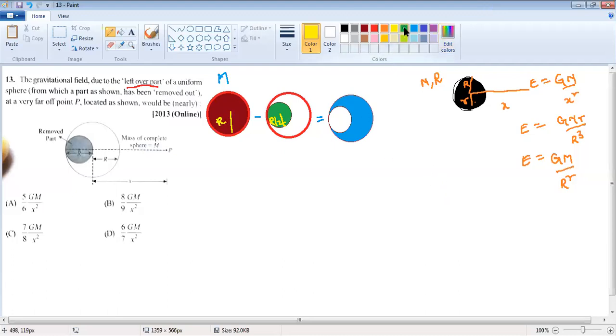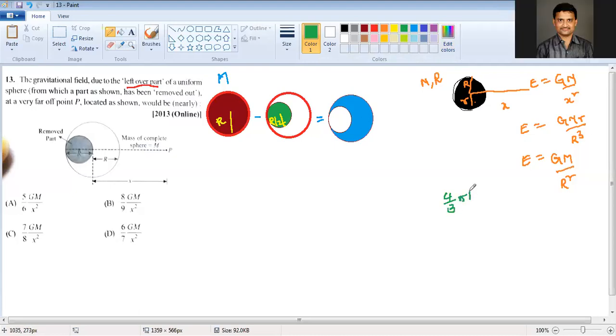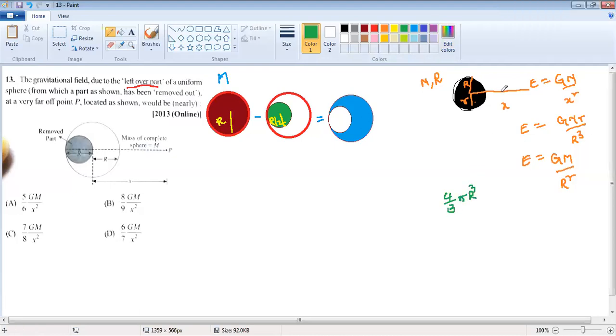Now here, in the 4/3 pi r cube volume, mass M is present. Now the removed part has radius r by 2, so its volume is 4/3 pi (r by 2) whole cube. How much mass? Let us take it as m.